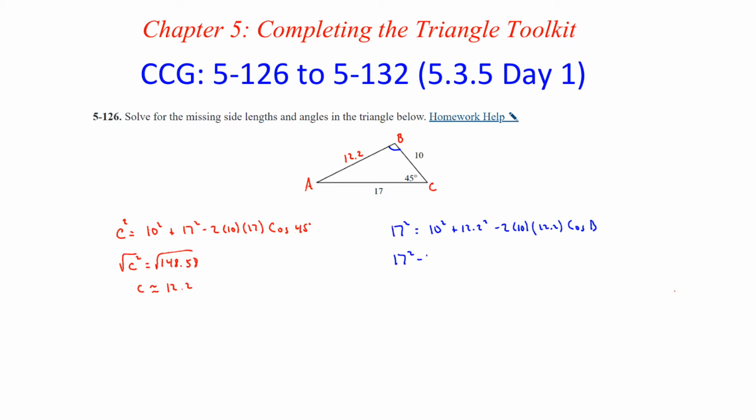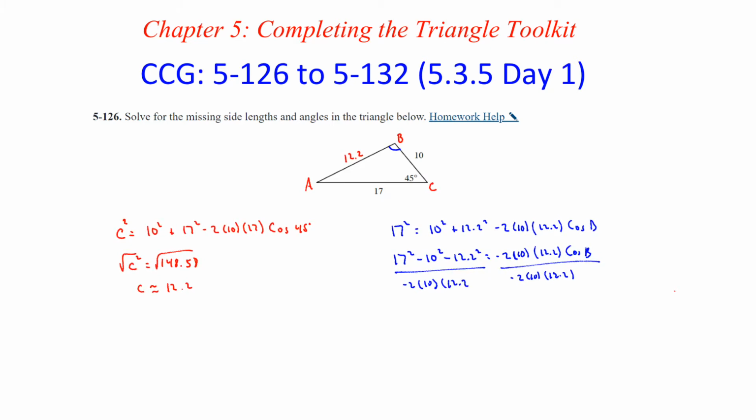So it'd be 17 squared minus 10 squared minus 12.2 squared, which would be equal to negative 2 times 10 times 12.2 times cosine of B, and then we'd have to divide by negative 2 times 10 times 12.2. Same thing over here. Negative 2 times 10 times 12.2.